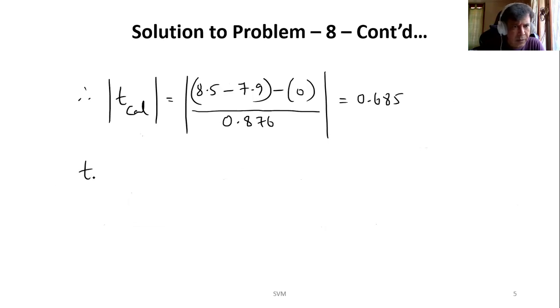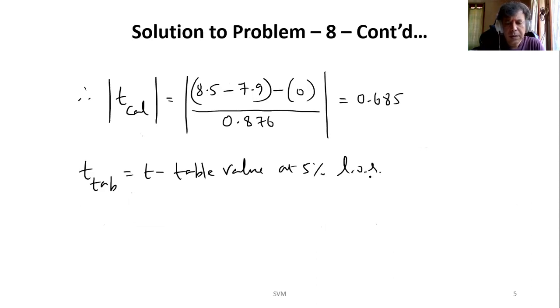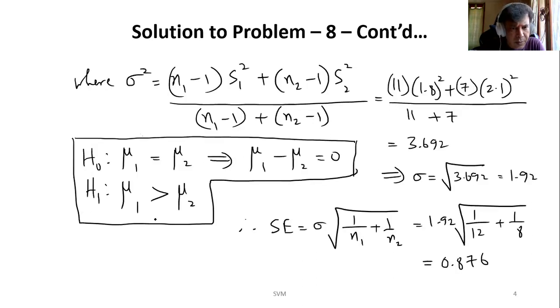Now, t tab is the t table value at 5% level of significance. Let us go back here. This is actually a one-tail test.